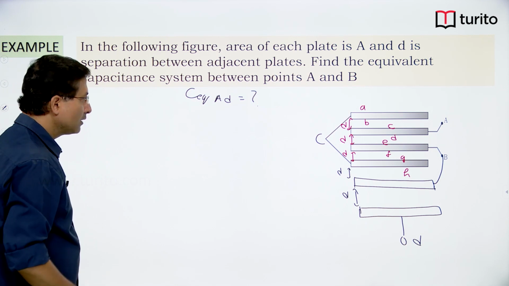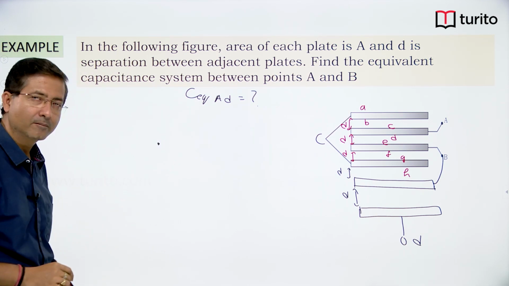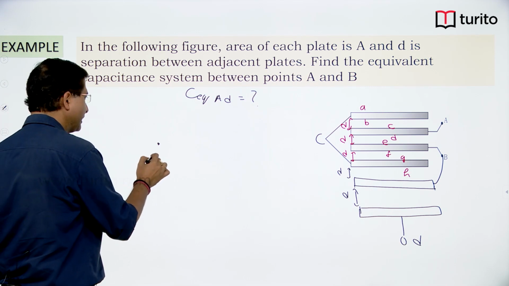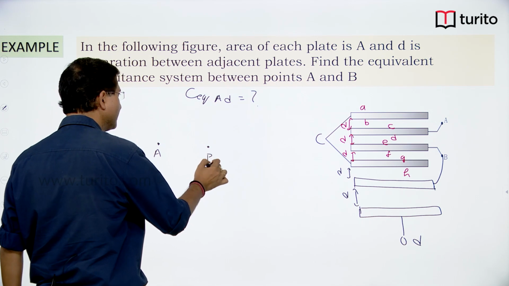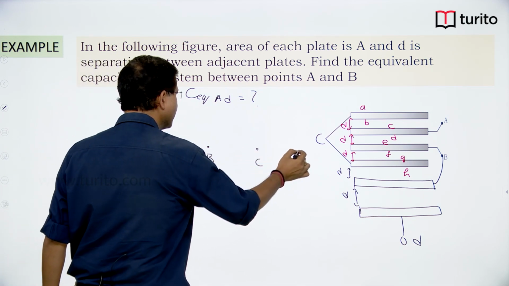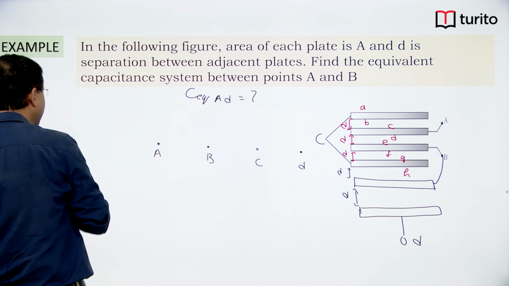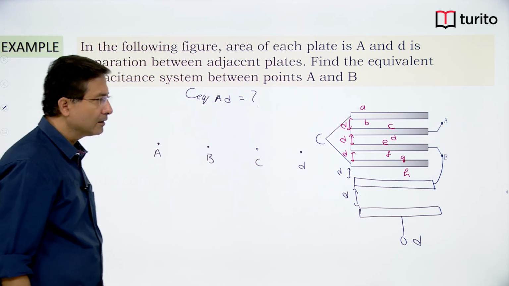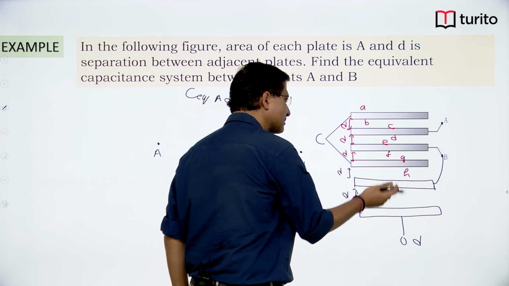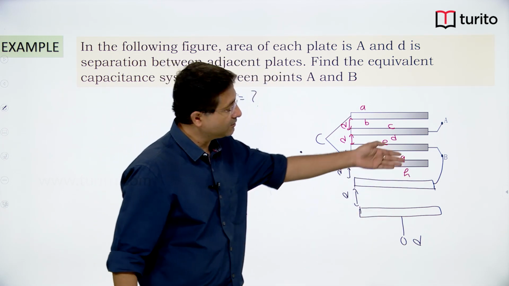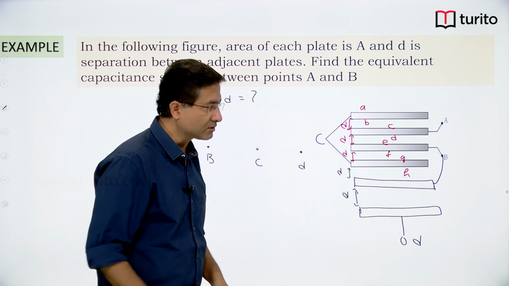Now B will become an intermediate terminal. So, A, B, C, and then the final terminal is D. And name the remaining surfaces as something, like below H. Now this space will also behave as a capacitor.